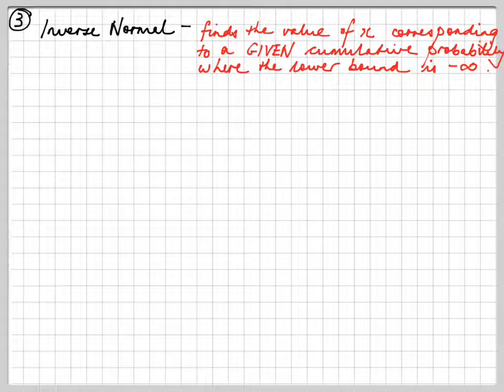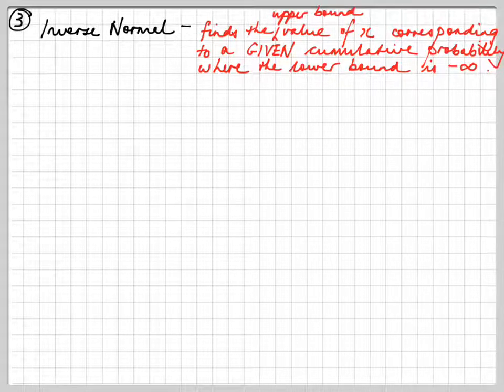In this case, however, you're going to go from the left-hand boundary, minus infinity, and you're going to go up to a given cumulative probability that you know, the probability this time, and it'll give you the upper bound horizontal variable. That's what it does.